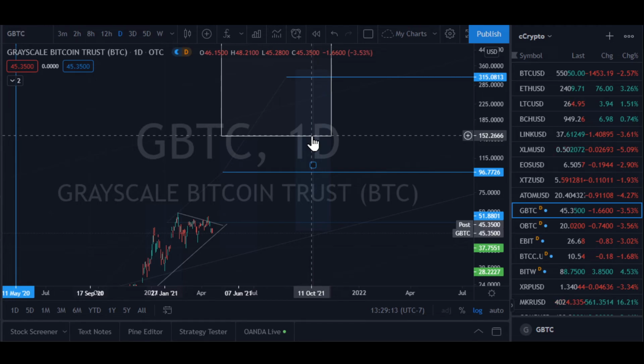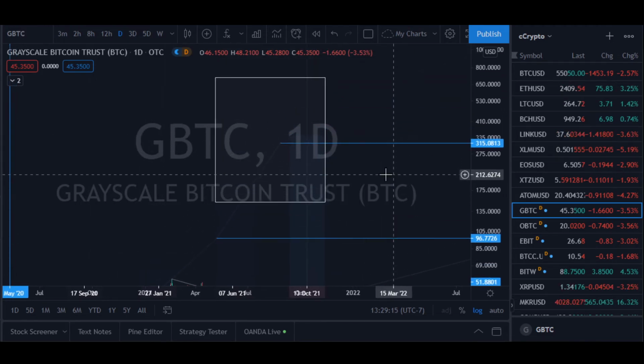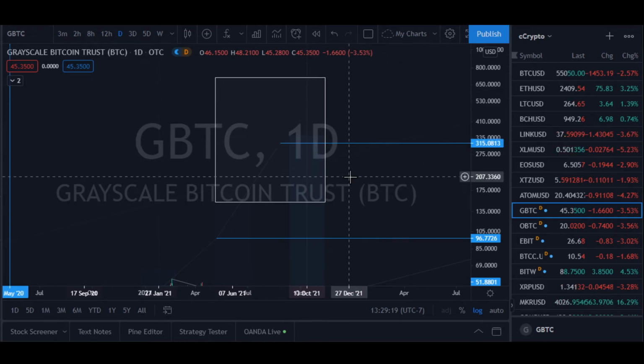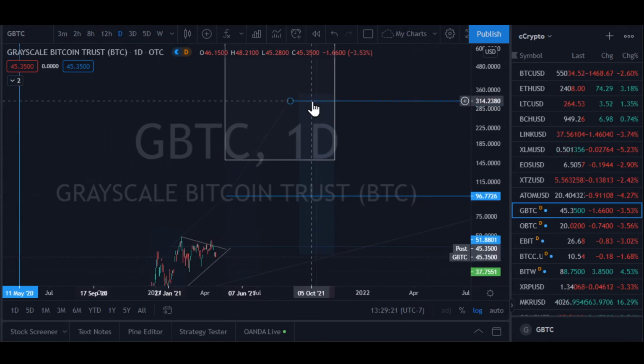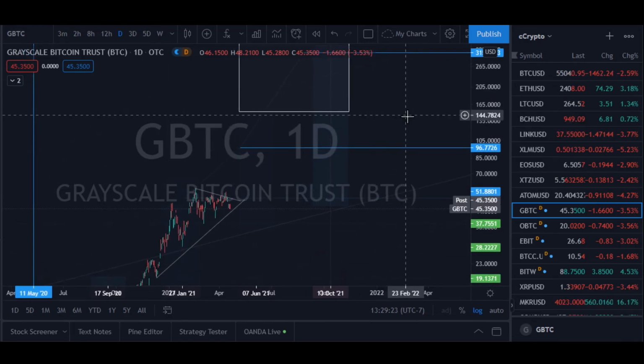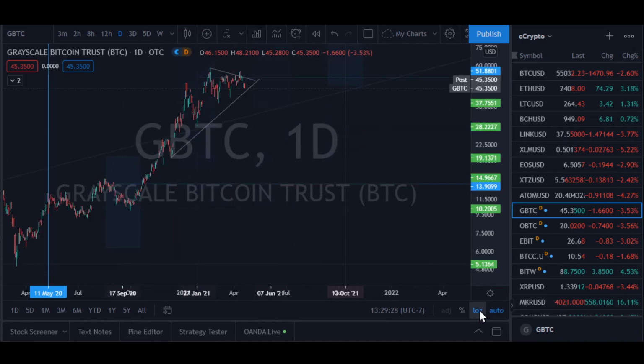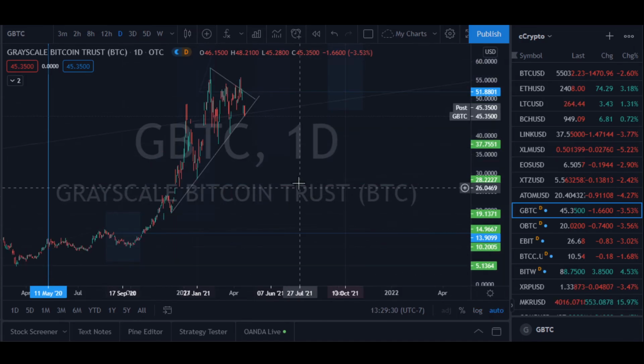I think it could be as low as 150, or it could shoot up as high as almost $700. But I think the sweet spot is somewhere in the low 300s. I think that's where GBTC will end up at the end of Bitcoin's cycle sometime in September.